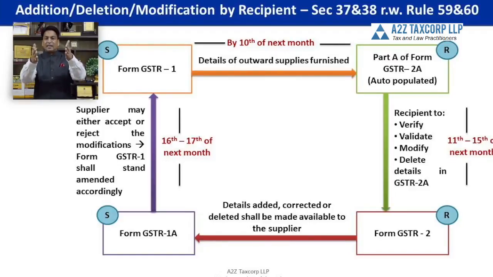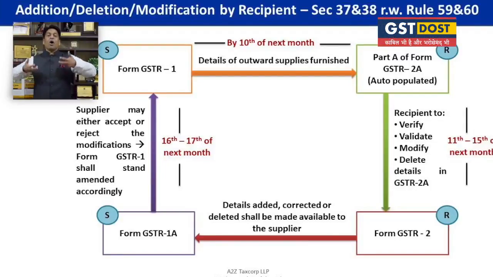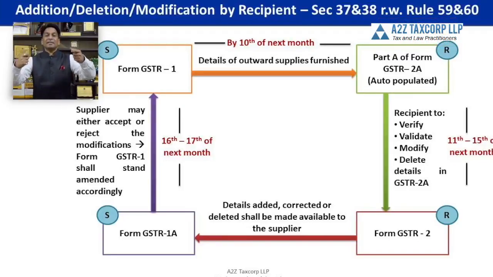You can see that in the slide which is before you, that the recipient who has purchased the goods or services from me can see in their 2A all these purchases he has made from the supplier. Now he can avail credit on the basis of invoice particulars uploaded by the supplier of goods or services.